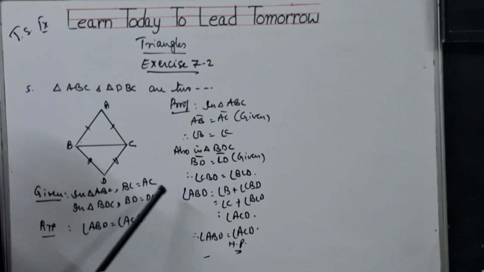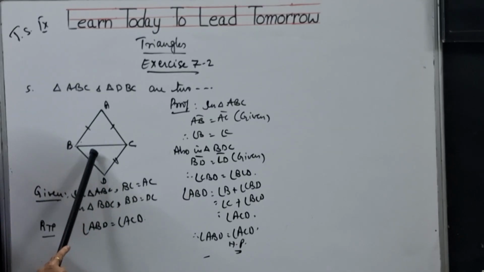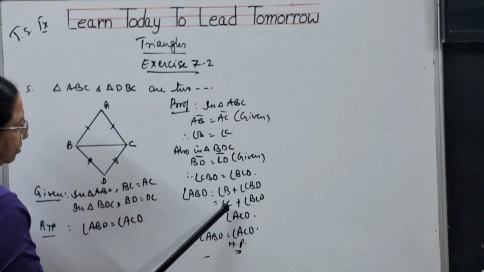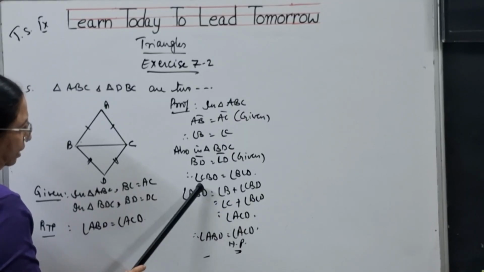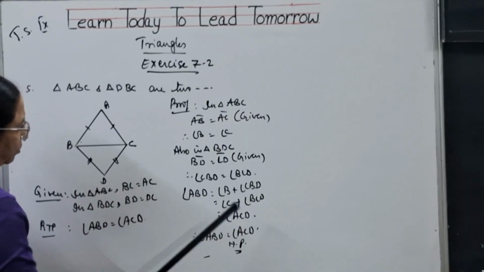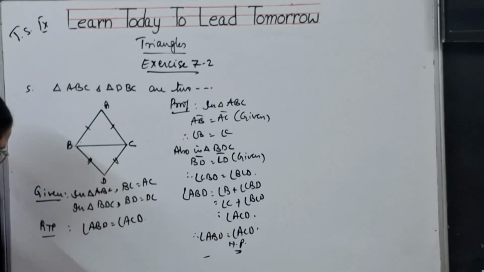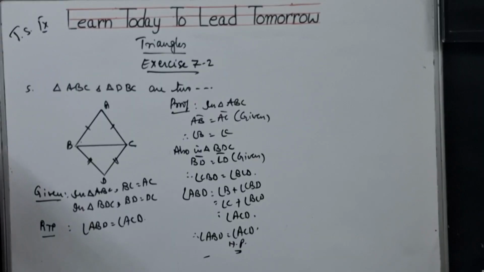So what is angle ABD? Angle B plus angle CBD. That means angle B is equal to angle C, so I wrote angle C plus angle CBD is angle BCD. Angle C plus angle BCD is angle ACD. So this is how we have proved this problem, children. Please note it down.